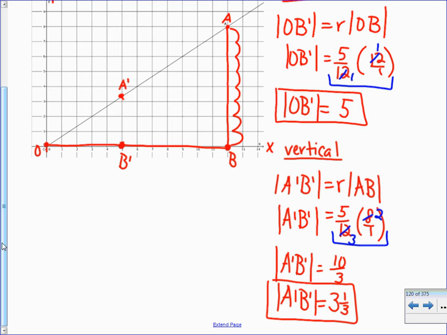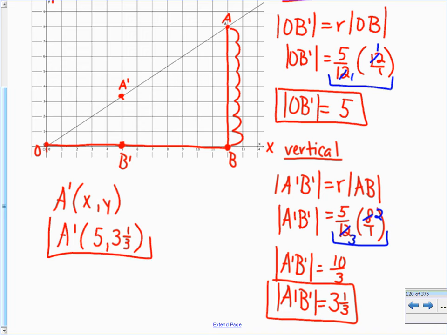So I found the vertical and the horizontal distance. Now where is point A prime located? Remember my coordinate is always x comma y. So A prime here is going to be equal to (5, 3 1/3), and that is how I get the exact location for A prime using my fundamental theorem of similarity.